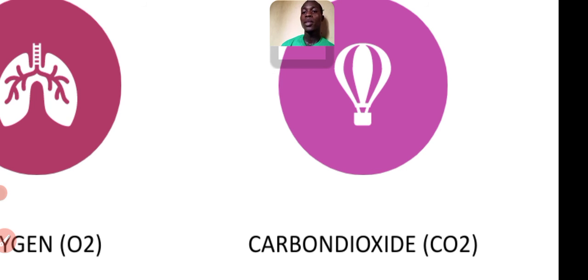So 92% of the oxygen that circulates our body is in the form of oxyhemoglobin, meaning oxygen and hemoglobin combined circulate our body to support life.